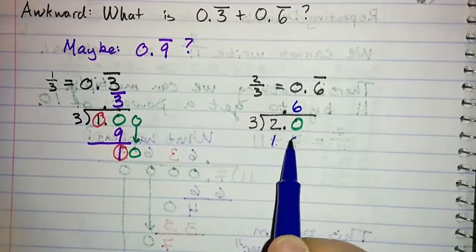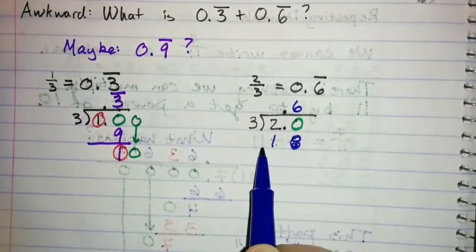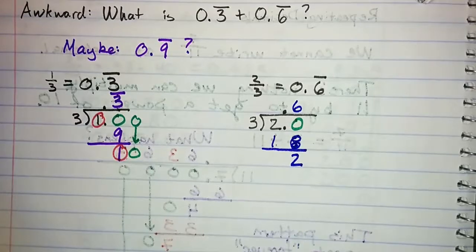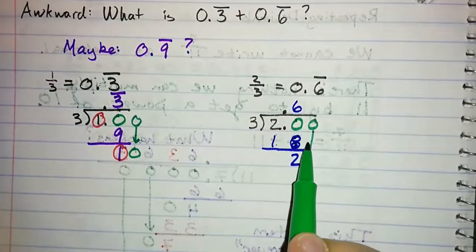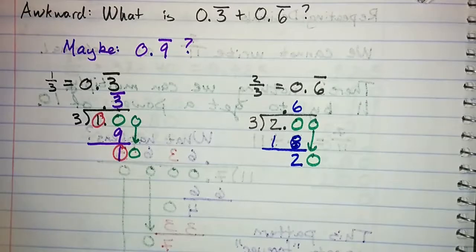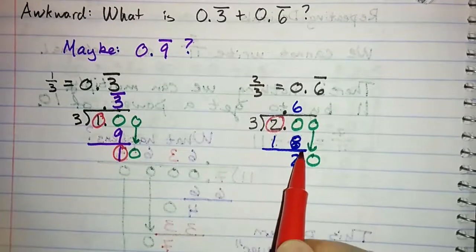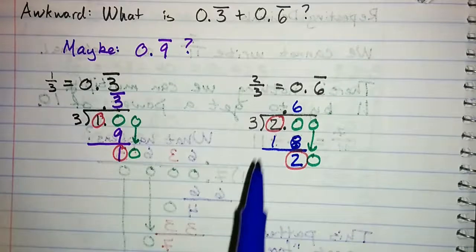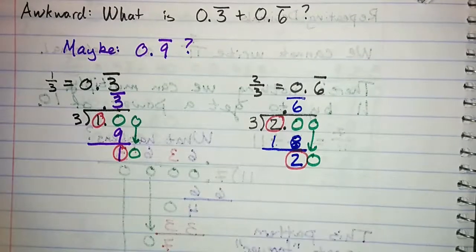Since 6 times 3 is 18, we subtract. 20 minus 18 is 2. Add another 0 and bring it down. And again, we immediately see the pattern of remainders repeating. At each step, we're going to be saying 3 goes into 20 6 times. So the 6 will repeat.